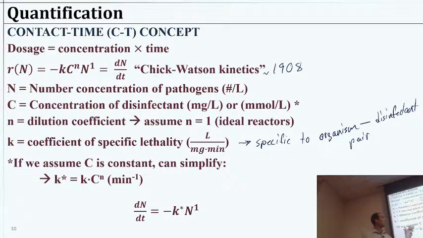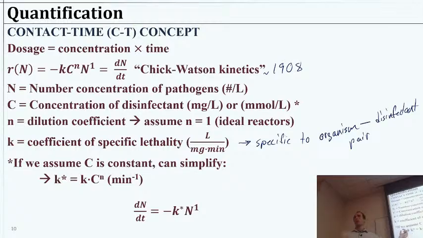If we come back to it, and we assume C is constant, then essentially everything before the N in this equation is constant, and we could treat those together as one constant. So K times C, we could treat as K star. This might be an observed rate constant.